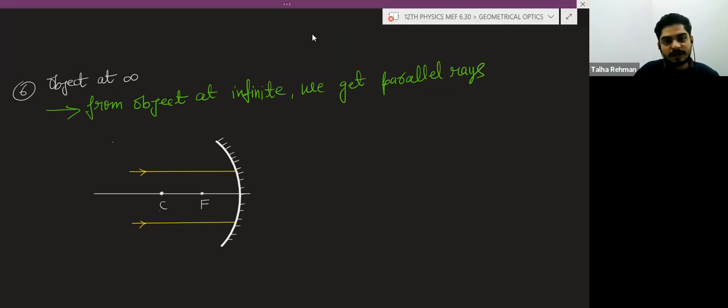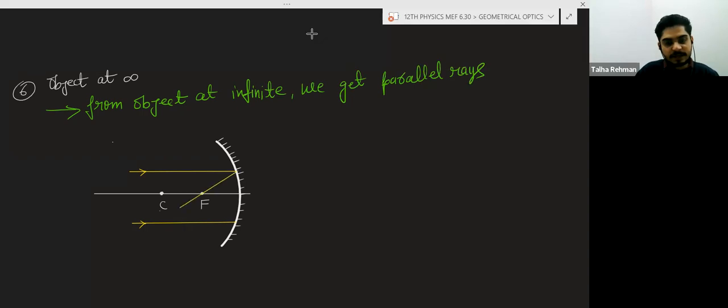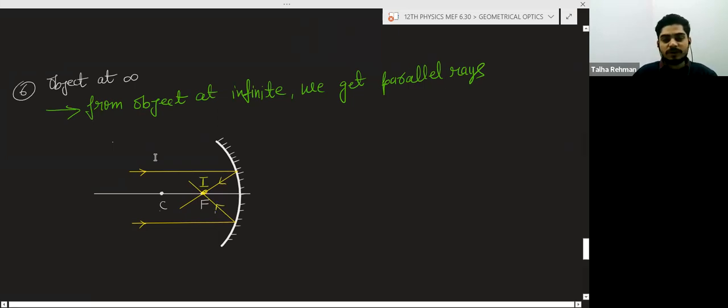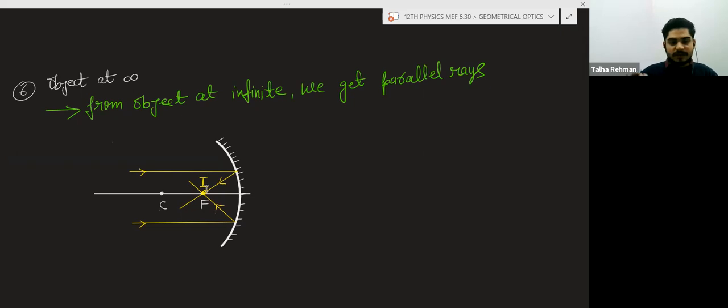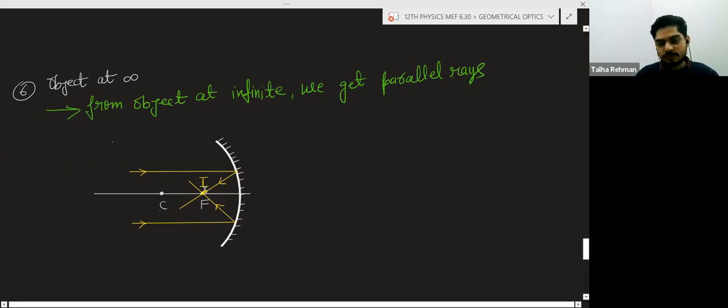So basically here, this is the incident ray. The image will be formed at the focus. And this image is real and inverted.